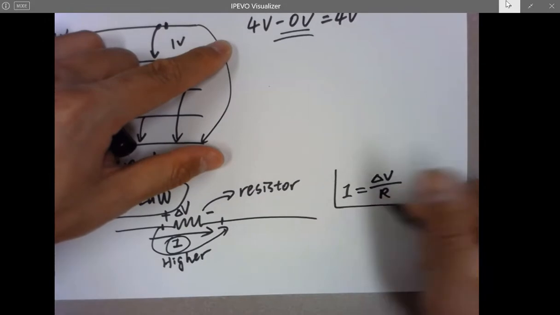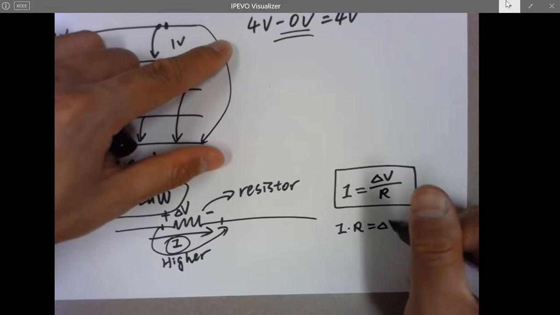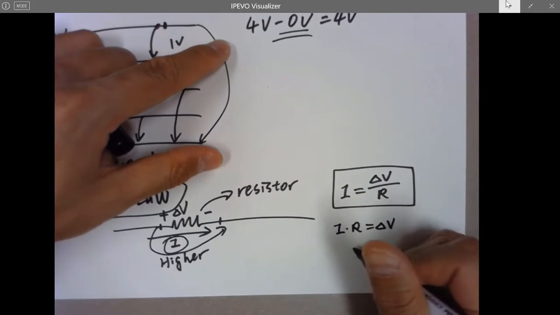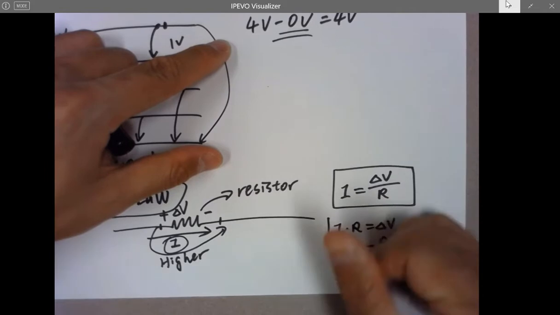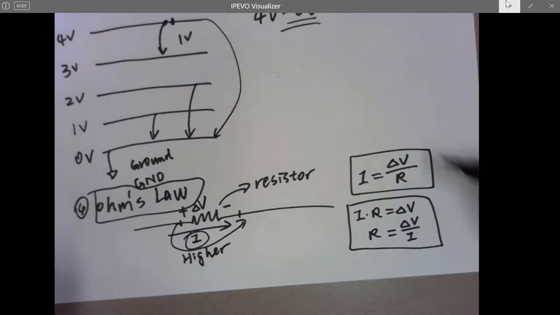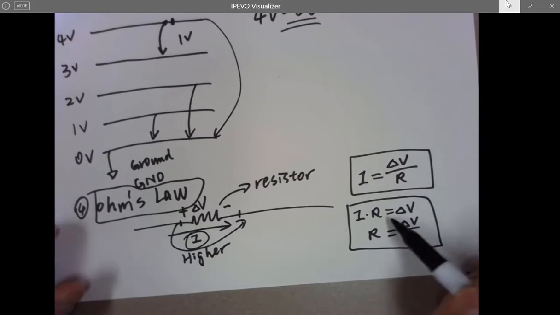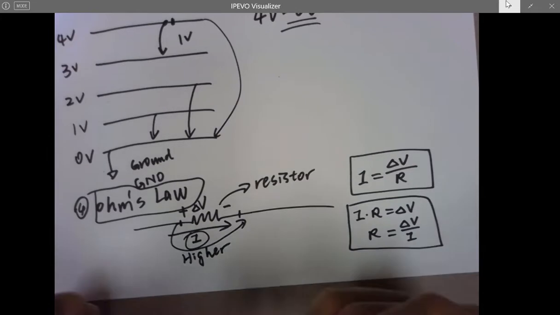So that's Ohm's law. Or you can say I times R equals delta V, or R equals delta V over I. They are pretty much the same thing, no differences. It's just I times R equals V, but you can put the other one in the denominator to get the same result, right?